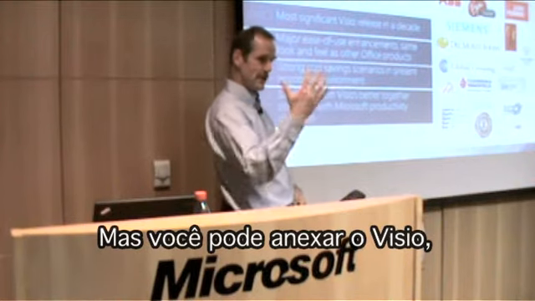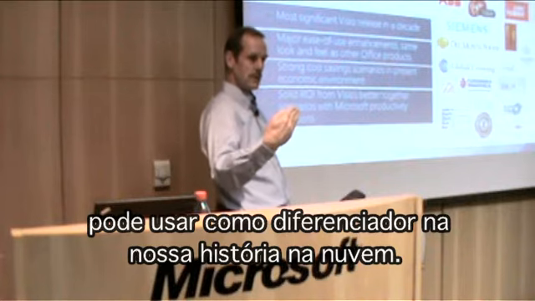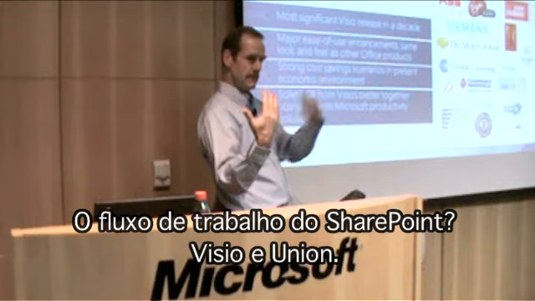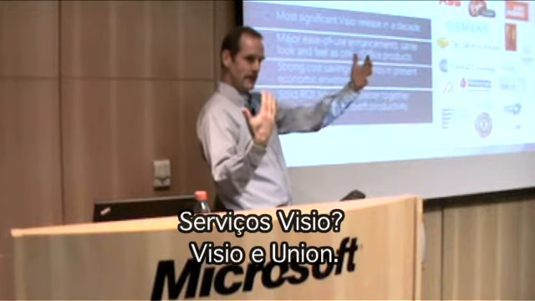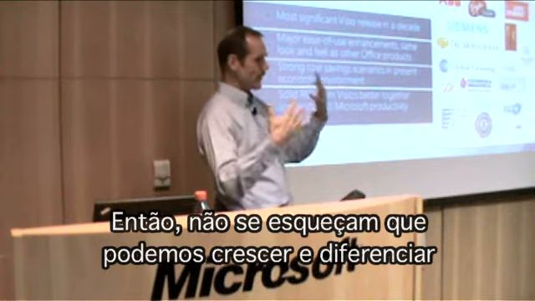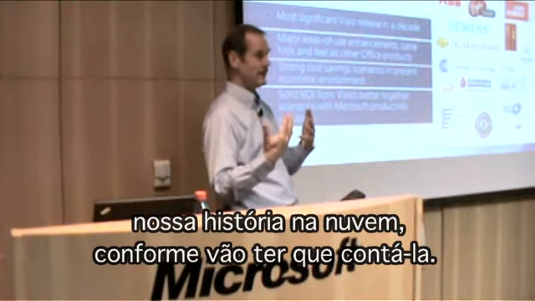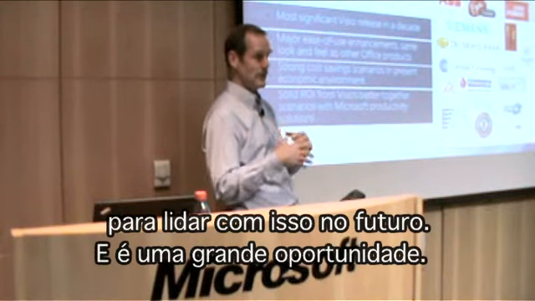But you can attach Visio, or you can use Visio as another differentiator in our cloud story. SharePoint Workflow, Visio, and Union. Visio Services, Visio, and Union. So don't forget that we can enhance and differentiate our cloud story as you're going out and telling that, because obviously there's huge pressure on you guys to go lead with that in the future, and it's a great opportunity.